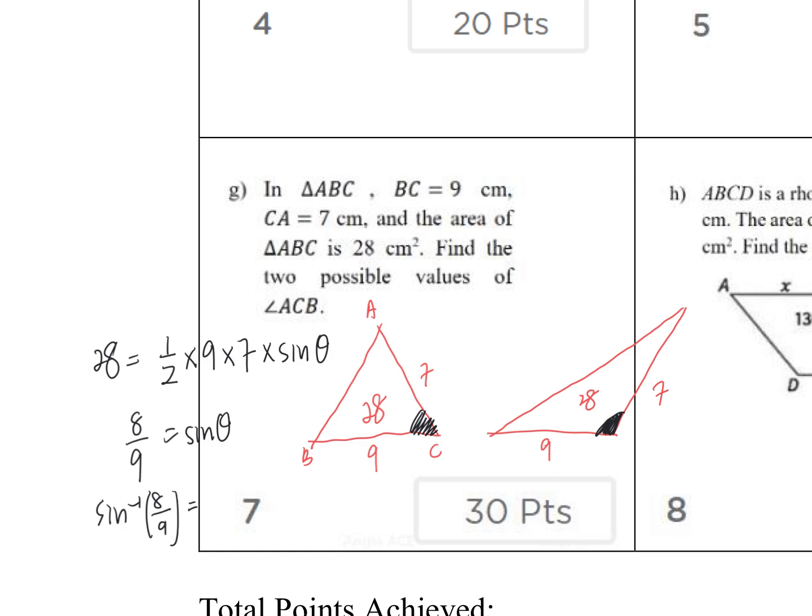One is 62.7. The other one, how to find? How to find the other answer? This is one possible one. You use 180 take away the 62.7. So it's 117.3. Okay, sorry, 2 dp, right? We were saying.